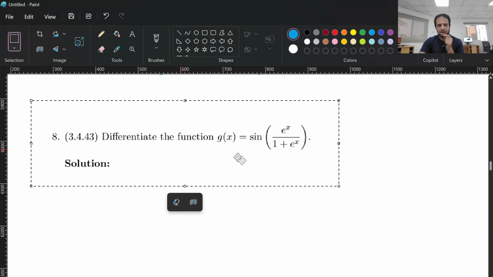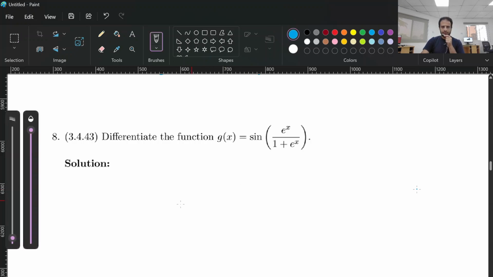Differentiate the function sine of e to the x over 1 plus e to the x. Okay, we will differentiate the inner. You want to start from the inner? As you like. Because multiplication is commutative, you can start from what you want. The derivative of e to the x is e to the x, it doesn't change. 1 plus e to the x, same thing.